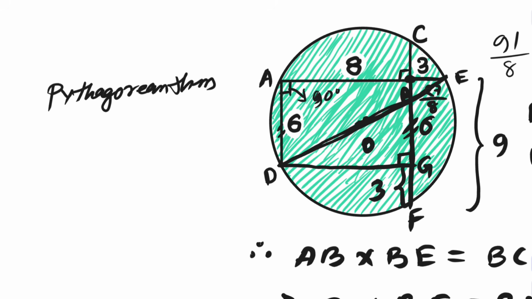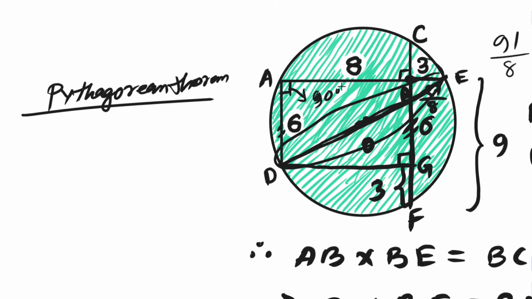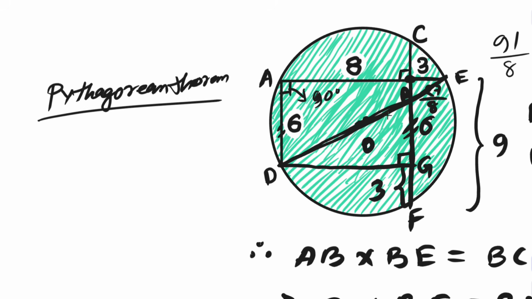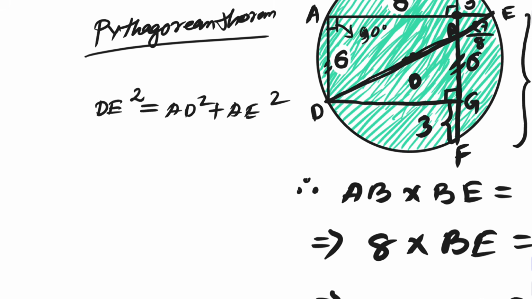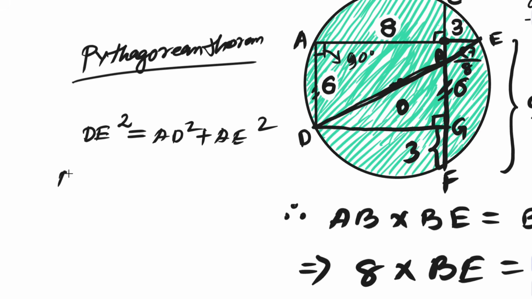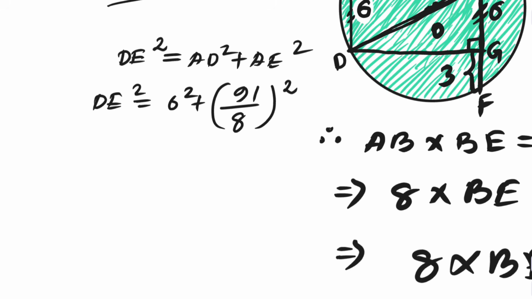Remember, the Pythagorean theorem tells us that in a right triangle, the square of the hypotenuse equals the sum of the squares of the other two sides. So, DE squared equals AD squared plus AE squared.